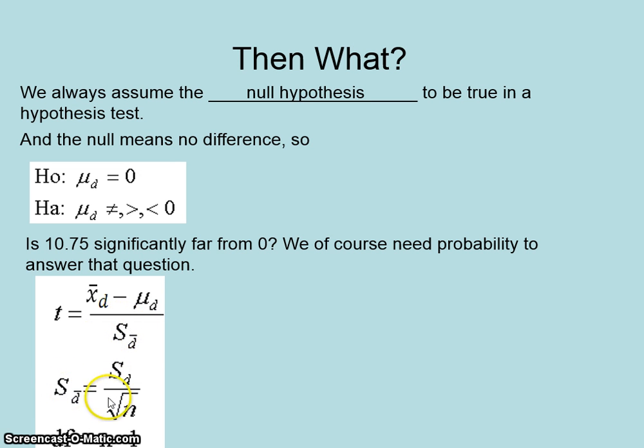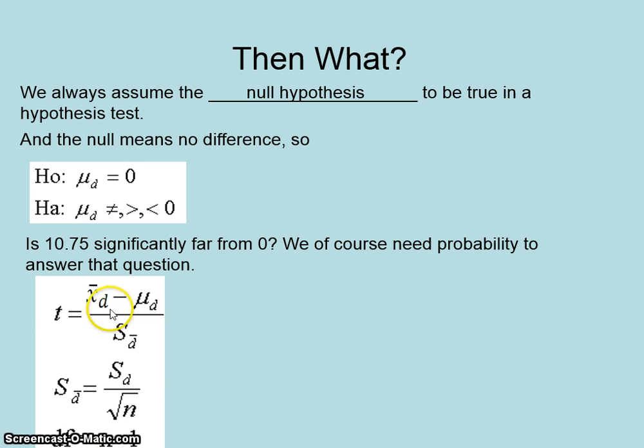Here's the formula for that. It's not just the standard deviation of the four numbers. It's the standard deviation of your data set divided by the square root of n. That's because we're on a sampling distribution. And degrees of freedom in this case is going to be n minus 1, number of pairs minus 1. So our degrees of freedom is only going to be 4 minus 1.